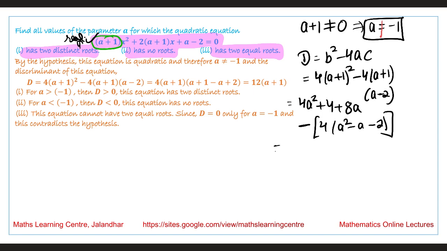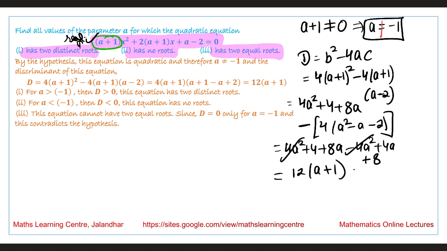So the answer we obtain is 4a square plus 4 plus 8a minus 4a square plus 4a, and this term will become plus 8. This 4a square gets cancelled, and we are left with 12 times (a plus 1).